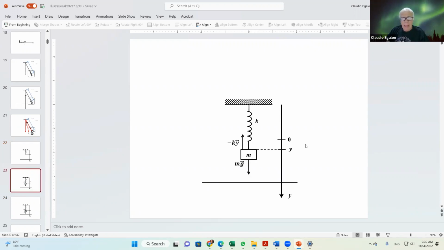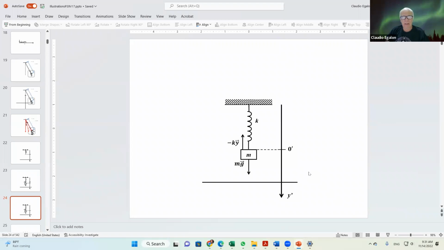But when I attach a mass to the end, this mass is going to exert a force on the spring, that's the weight, and will displace the position of equilibrium by an amount y. That's going to be given by mg divided by k. This amount, mg divided by k, becomes my new position of equilibrium.